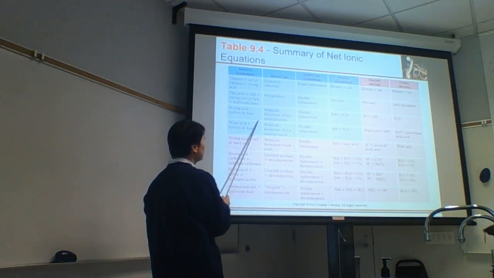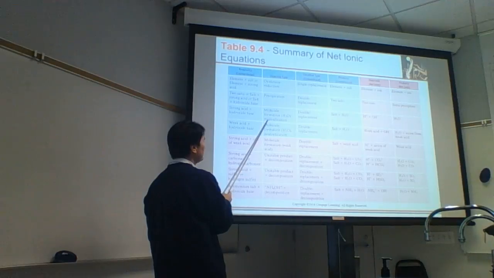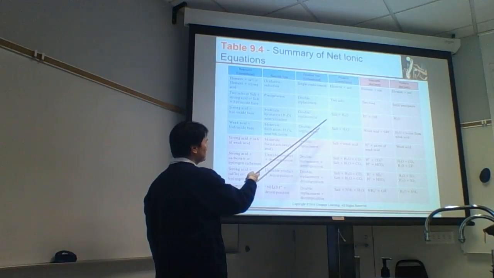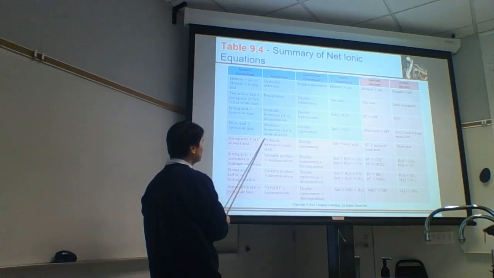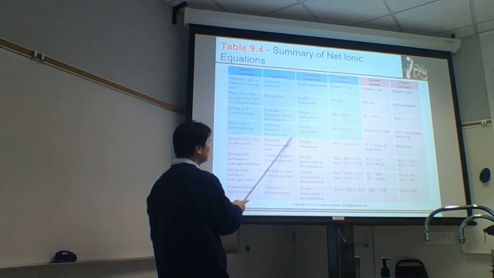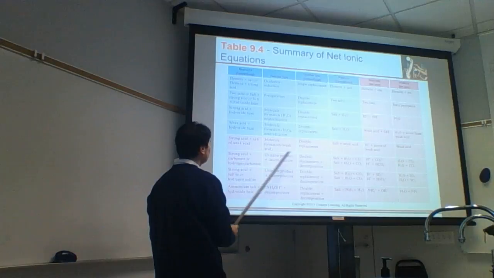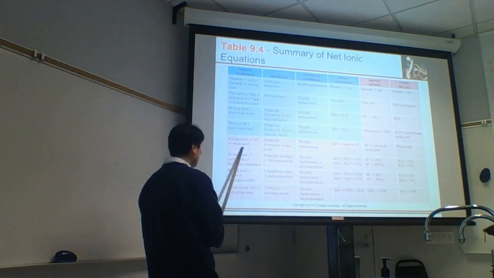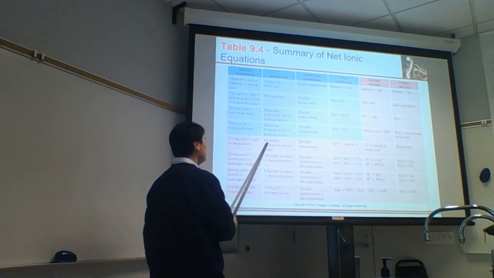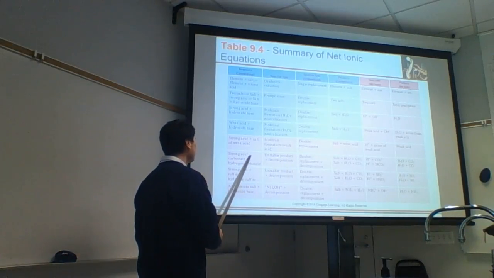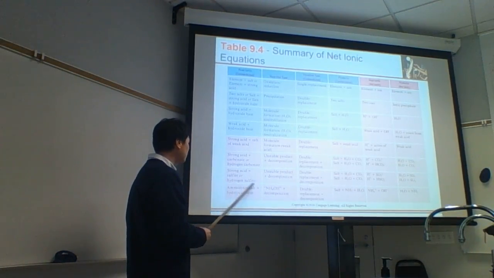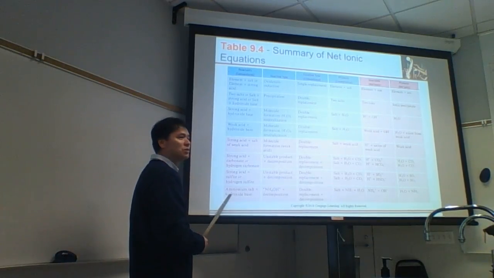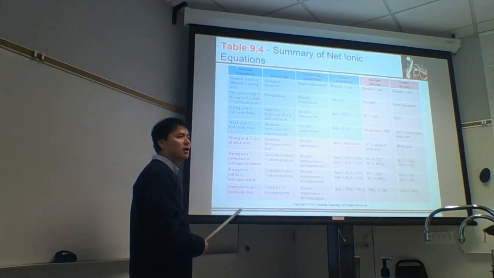Strong acid plus hydroxide base: molecule formation, H2O, neutralization, double replacement, salt plus water, H+ plus OH minus, H2O. Weak acid plus hydroxide base, neutralization, salt plus water. Strong acid plus salt of weak acid, molecule formation, double replacement. Strong acid plus carbonate or hydrogen carbonate, strong acid plus sulfite or hydrogen sulfite. Ammonium salt plus hydroxide base, on and on and on.